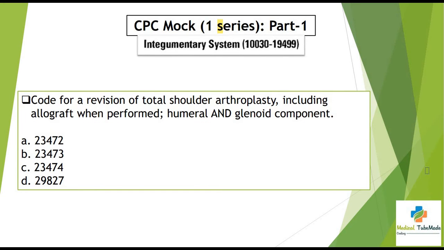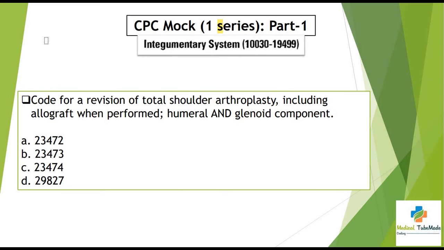The question is the code for revision of total shoulder arthroplasty, including allograft when performed, humeral and glenoid component. There is no confusion, as every option has a single CPT code.